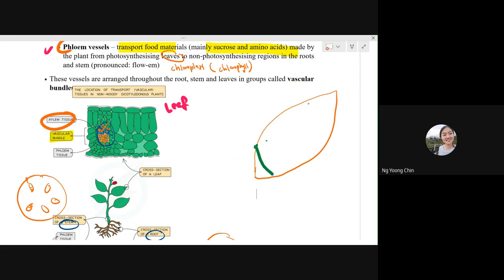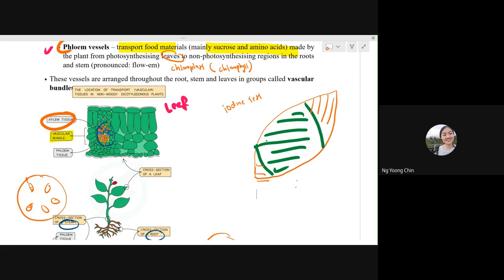Only this part and this part are green, then this part will be yellow, right? So when you want to do the iodine test, what is the function of iodine? The iodine tests for the presence of starch.